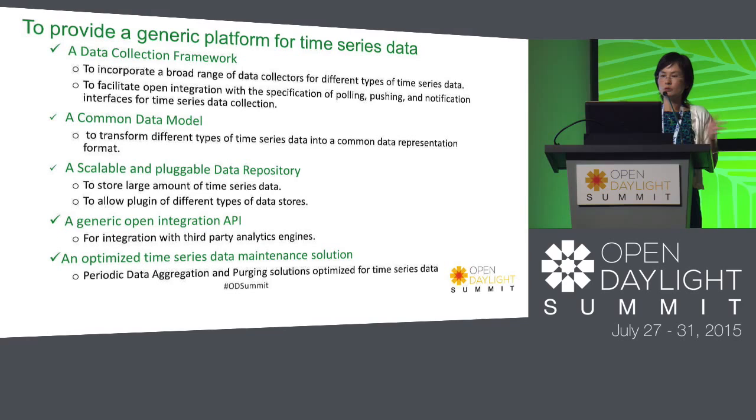Just like a room of people, if everyone is talking in different languages, how do we communicate? How do we generate some intelligent ideas from it? It's probably not possible. So the common data model really gives us a way to unite all those different data types into one common thing.